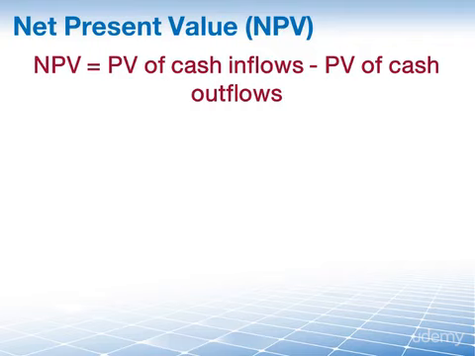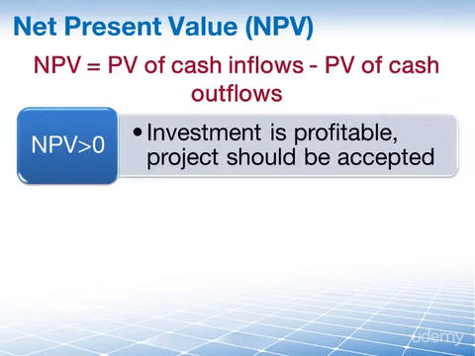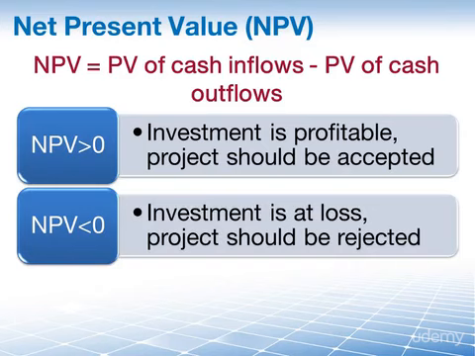But there is no need to remember the formula because you won't actually have to do any NPV calculations on the PMP exam. But you need to know this. If the NPV is greater than 0, then the investment is profitable and the project should be accepted. If the NPV is smaller than 0, then the investment is at a loss and the project should be rejected.